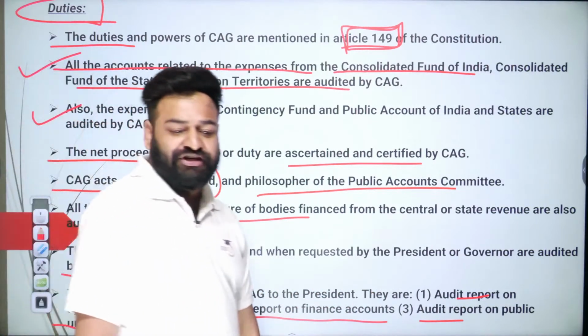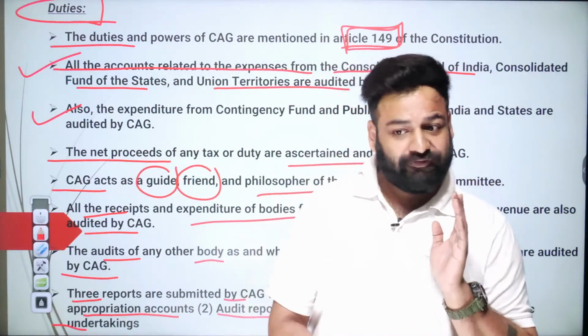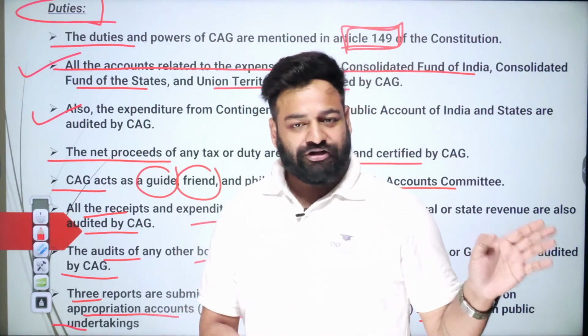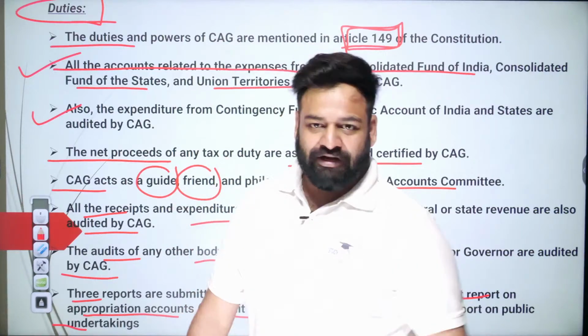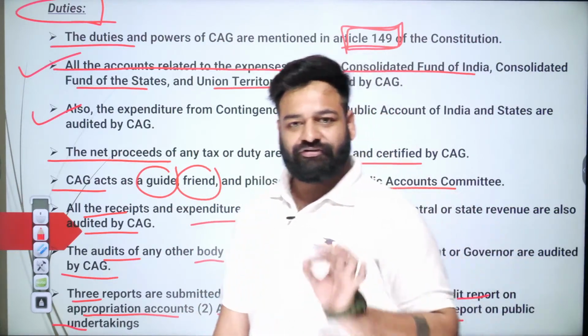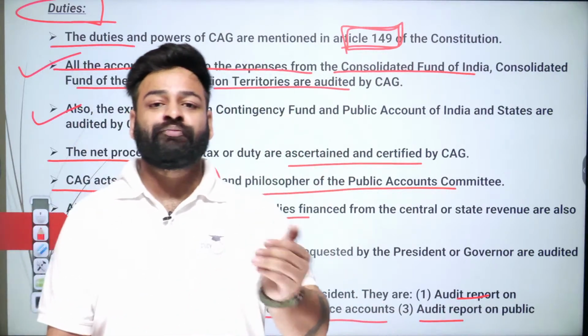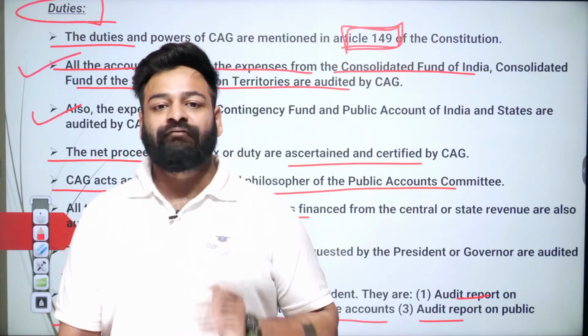So CAG, basically speaking, is just one for the whole of India, from Indira Col to Indira Point, from Kashmir, from Lakshadweep to Andaman and Nicobar, from Arunachal, Nagaland to Gujarat, Rajasthan. Just one particular CAG. There is no provision for a CAG of the states or UTs. And what does the CAG do?